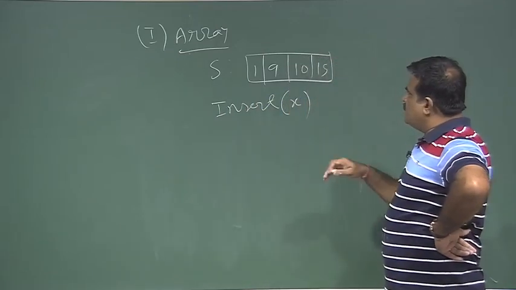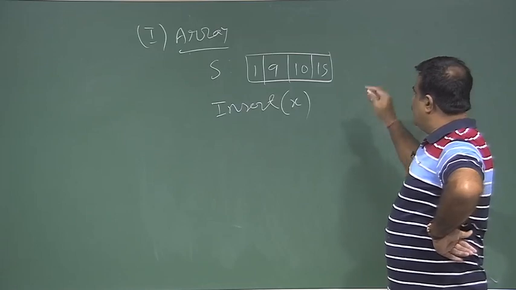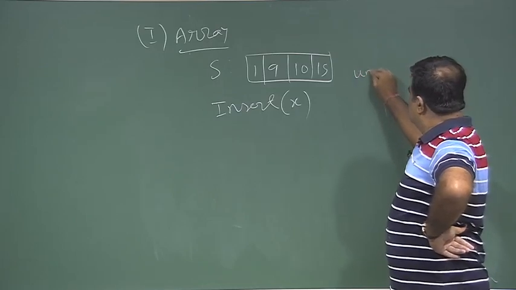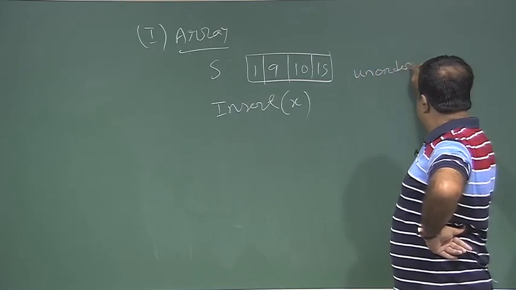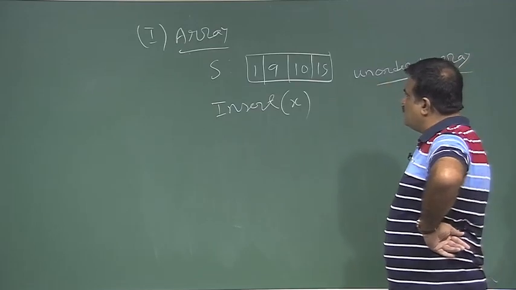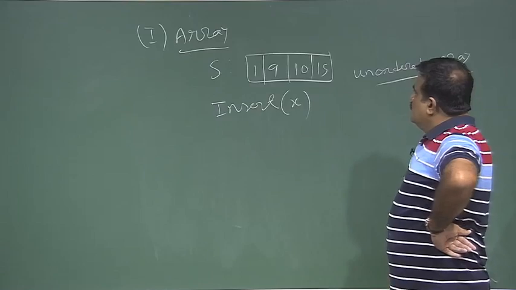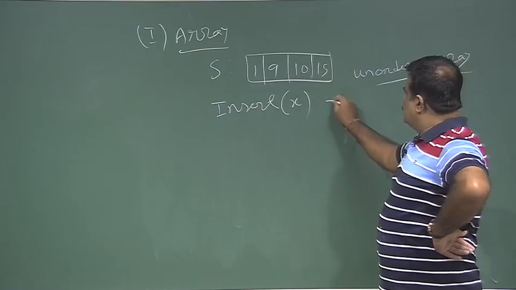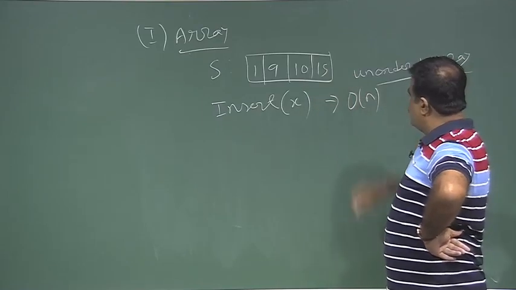This is not a sorted array, we may just have an unordered array, or we can make it sorted. Then the problem is that to insert, we have to shift elements. So insert will take order of n time.